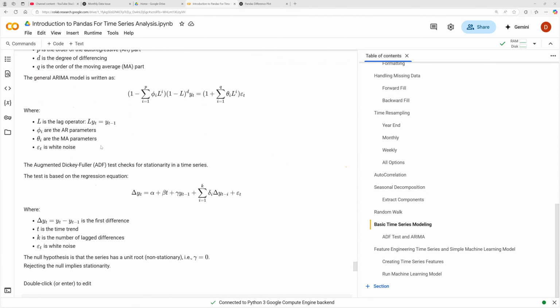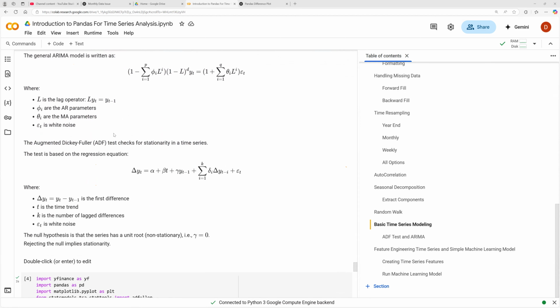A good thing to do is run something called an augmented Dickey-Fuller test, and it checks for stationarity in the time series. Okay. So remember the definition of stationary, it's basically bounded, right? We want the error term bounded. You could say the same thing for additive. The two are not the same, but there are similarities in ideas, okay?